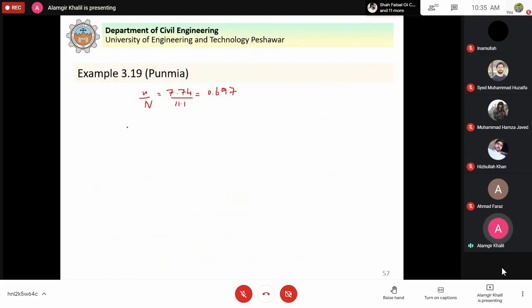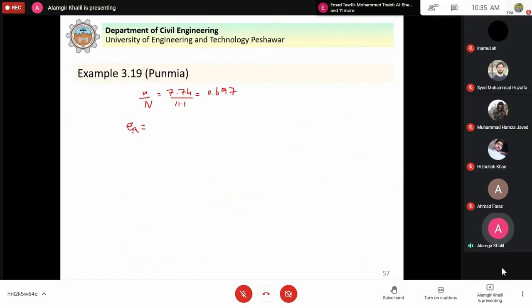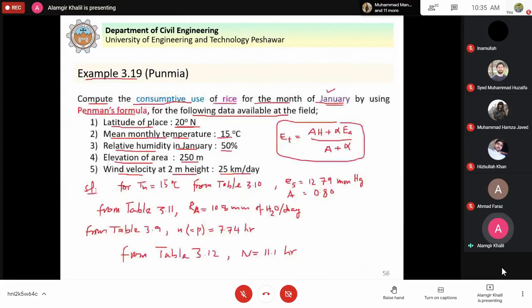Next we can calculate this EA, the actual vapor pressure. The saturation vapor pressure we have already calculated from the table at 310. We have taken its value 12.79. So the actual vapor pressure will be equal to saturation vapor pressure multiplied by the relative humidity, RH. Now in the question it is given relative humidity in January, that is 50%.